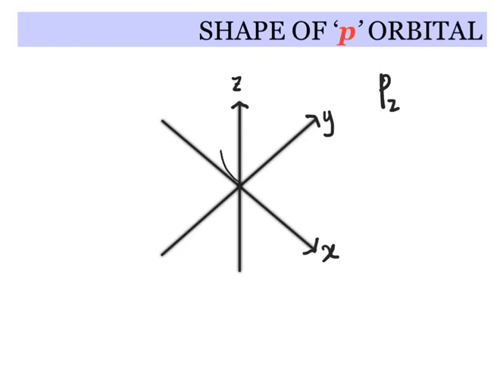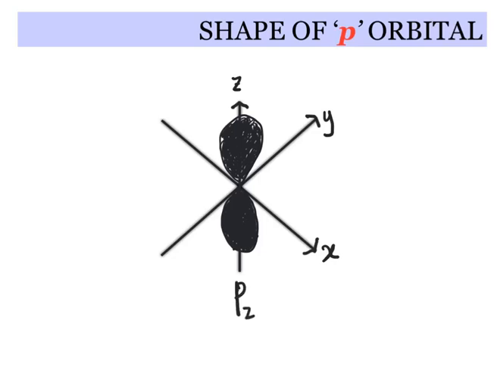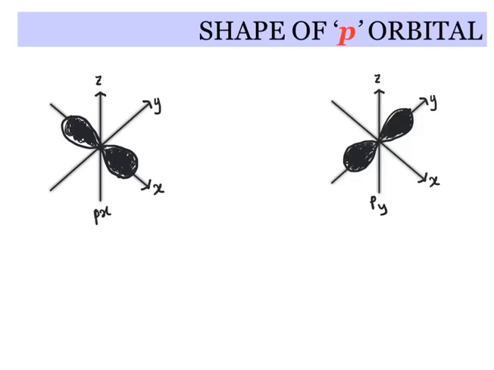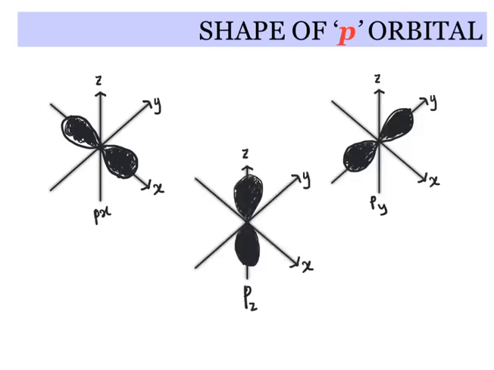Draw loops or a dumbbell on the z-axis. Then shade the area inside the loops to hide the z-axis. Now we have finished sketching the Pz orbital. So we have sketched the Px, Py and Pz orbitals.